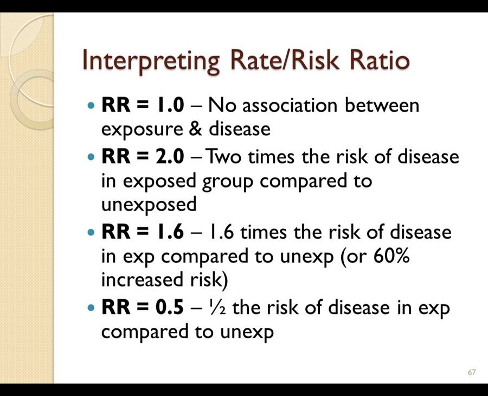Now, a risk ratio less than 1 indicates a protective effect of your risk factor, or your predictive factor. So a risk ratio of 0.5 indicates half the risk of disease in the exposed compared to the unexposed group, or a 50% risk reduction in the exposed. So your exposure is a protective factor as opposed to a factor that increases your risk of disease.